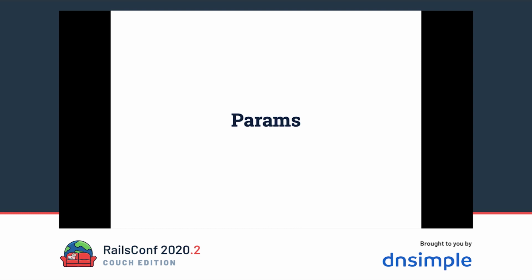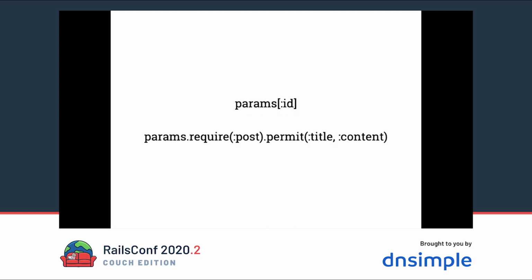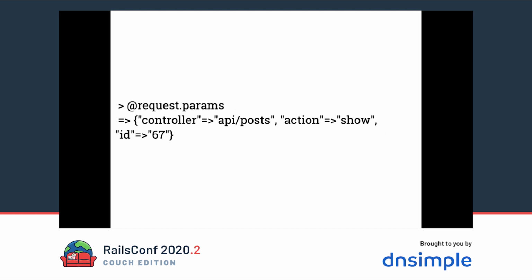Params is a nice abstraction that ActionController provides for accessing the parameters of a request, allowing you to grab some directly, require some data in the params, or permit attributes to be passed on to models or classes. The request stores param information on itself in a hash with indifferent access. Here are the params for calling the show endpoint for an API within the request.